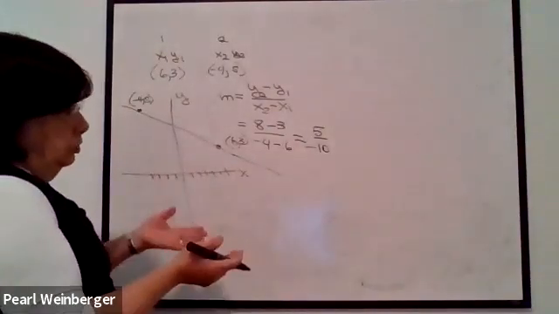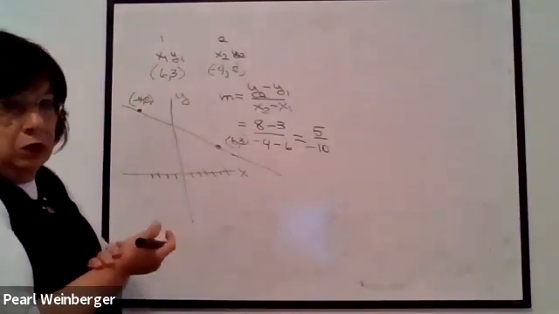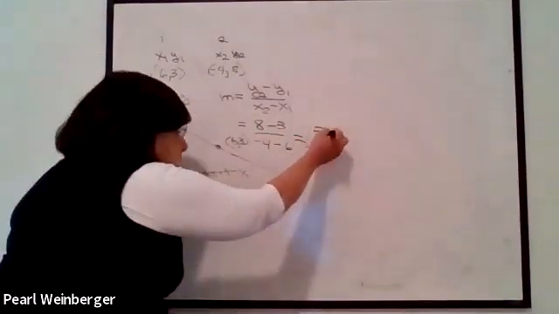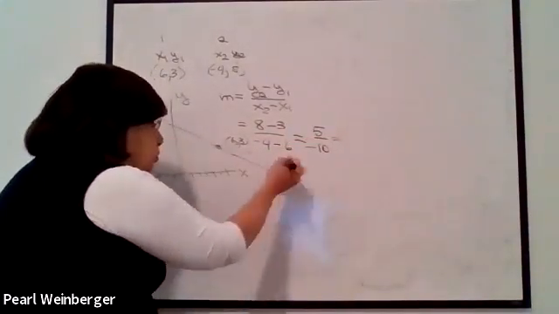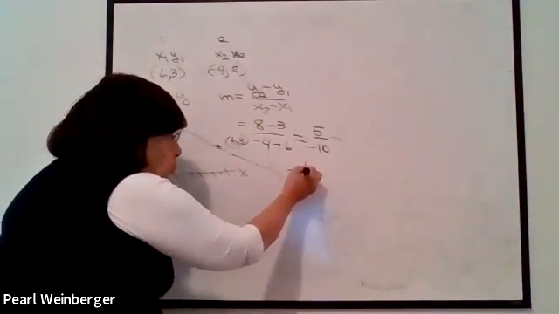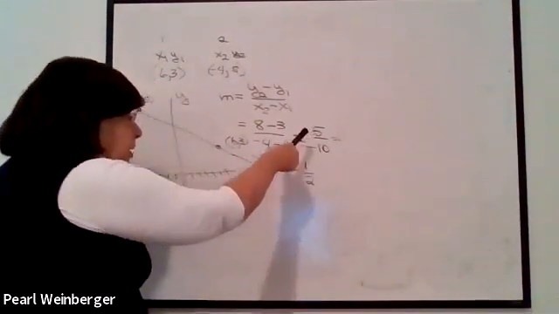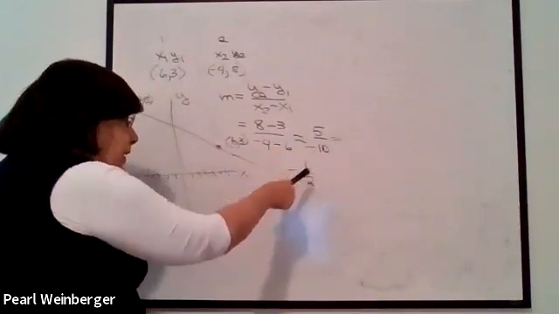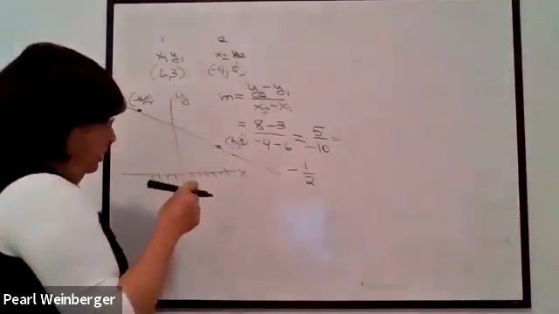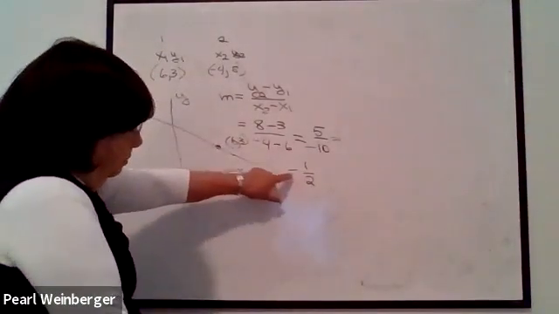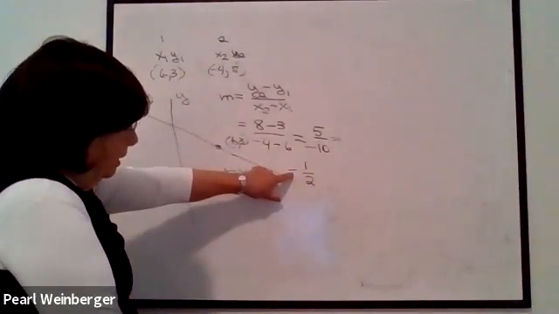Now that's your slope, but usually we like to put the slope in simplest form. If you notice, you could divide the top and the bottom by 5, so what you're getting is negative 1/2. I'm reducing by 5 top and bottom. Notice when I have a negative in the denominator, I usually don't like to leave it there, I just put it in front of the fraction.